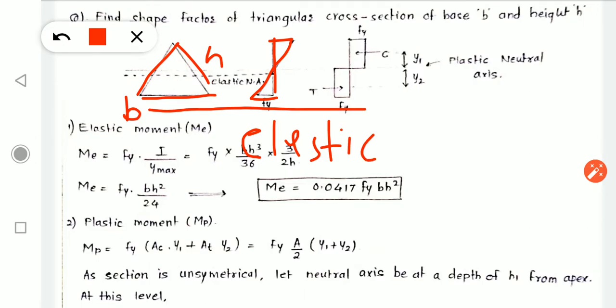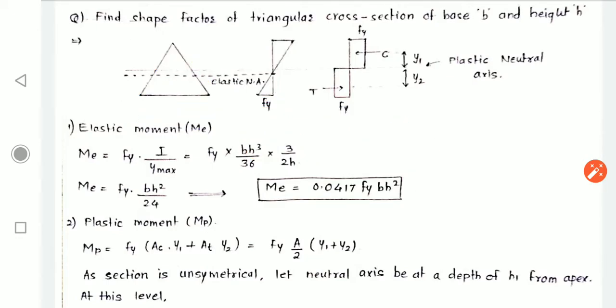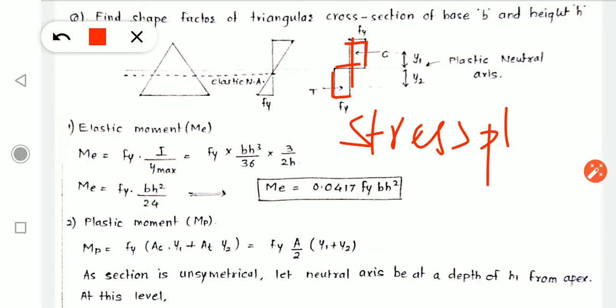All the extreme fibers of your triangle are under Fy, or yielding stress, whereas the last diagram here is representing stresses in the plastic range. And in the plastic range, this is the neutral axis, and for the elastic range, this dotted line is the neutral axis.